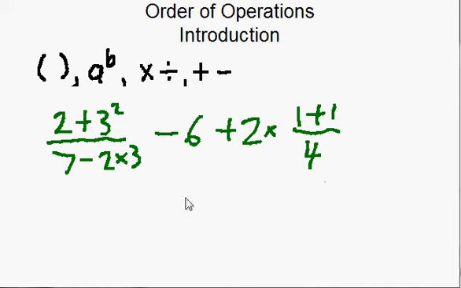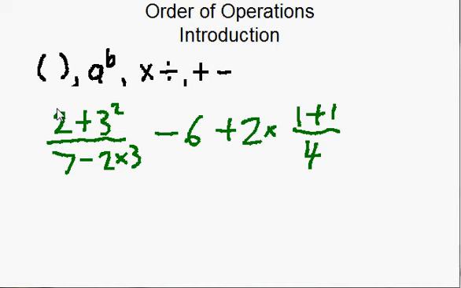Just trying to make this difficult here. All right, the first thing to notice is that we've got these fraction things. Now I didn't describe this above, but whenever you have a fraction where you have some expression over another expression, this is really a division.